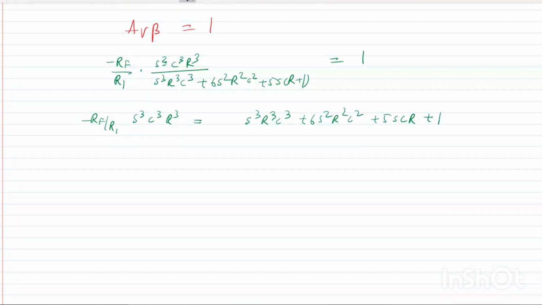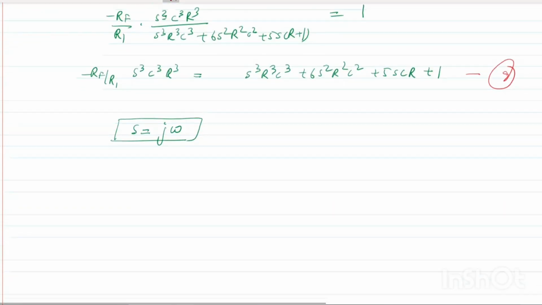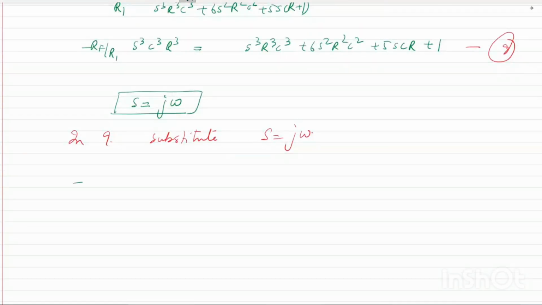So whenever you get like this, you know what is S? S is nothing but j omega. So in this equation, I'll name this as 9. In this equation 9, if you substitute S as j omega, because we want the frequency, what I'm going to get?